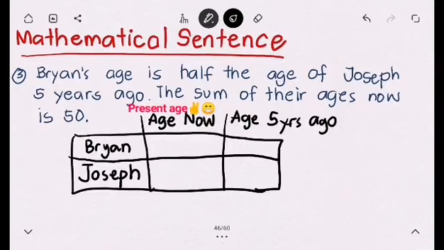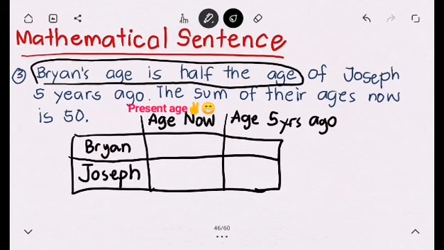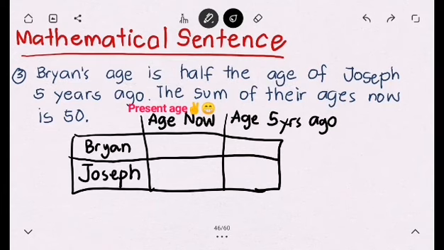By the way, ang technique na ginagamit dito ay, alamin nyo muna kung sino yung basic na given. So, dito, ang mas basic na given ay yung kay Joseph. Kasi yung kay Brian, medyo komplikado kasi may nakalagay na Brian's age is half the age of Joseph. So, ibig sabihin, nakadepende yung edad ni Brian kay Joseph.